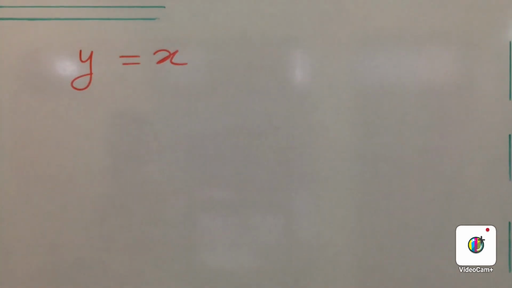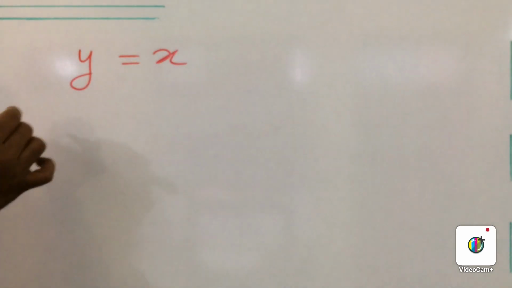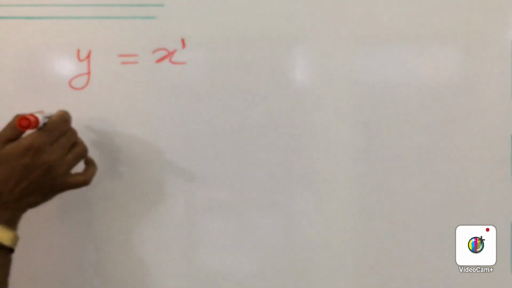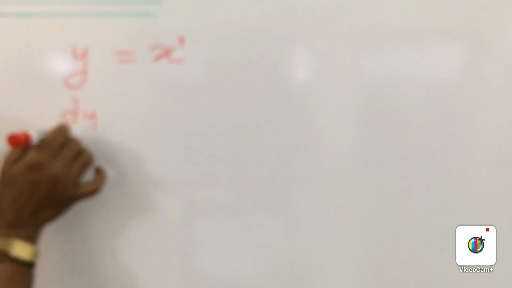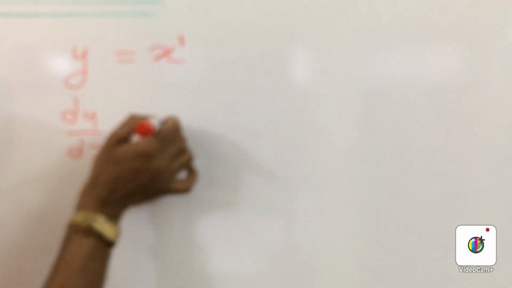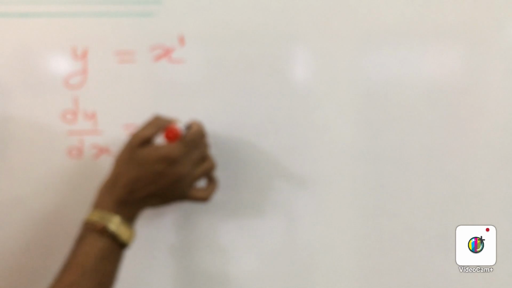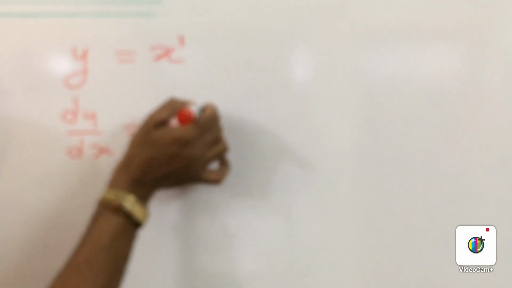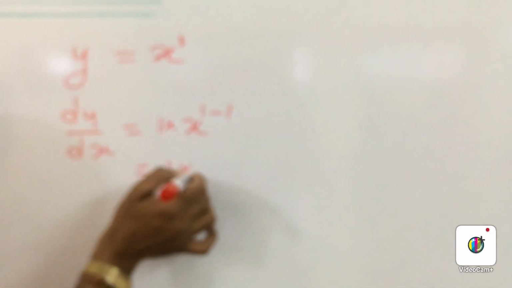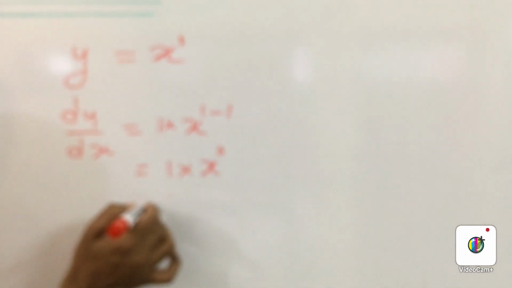Now we see y equal x. Therefore, y equal x means power 1. Therefore, dy over dx equal 1 into, you take this power in front, 1 into x to the power 1 minus 1. That is equal to 1 into x to the power 0.